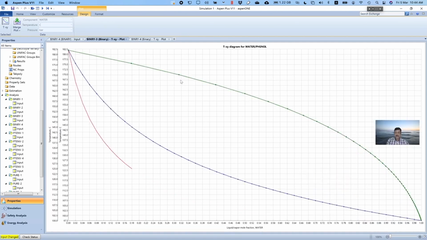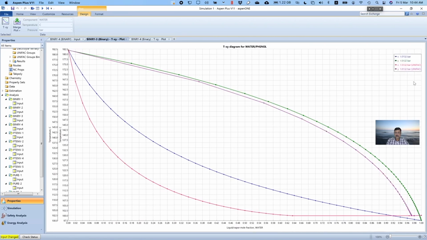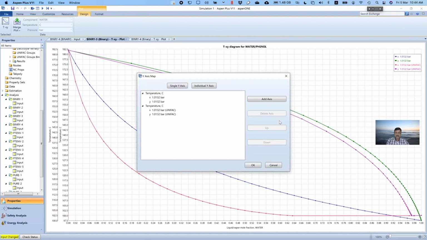So this pair is UNIFAC, the red and magenta color ones. Edit Y-axis, merge them.